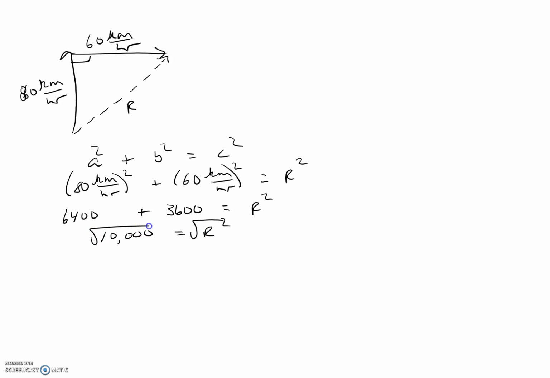We take the square root of both sides, and r will equal 100 kilometers per hour. So our plane will be traveling 100 kilometers per hour in the northeasterly direction.